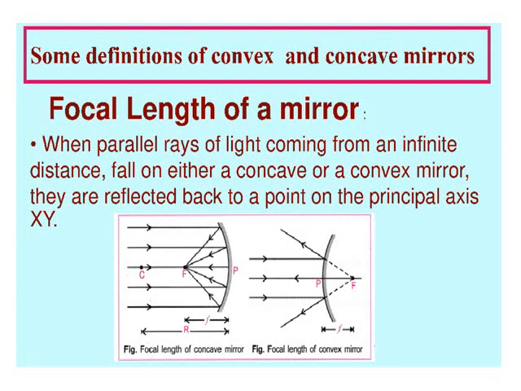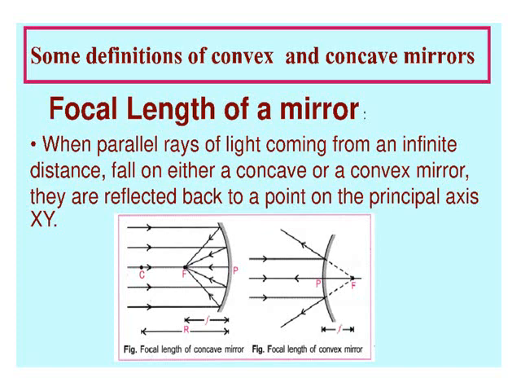Focal length of a mirror. When parallel rays of light coming from an infinite distance fall on either a concave or a convex mirror, they are reflected back to a point on the principal axis XY. Look at the diagram, the first is the concave mirror.